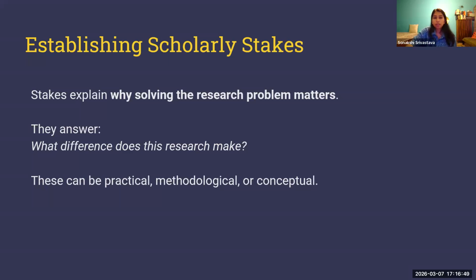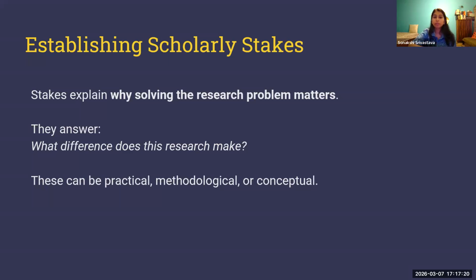So what does a scholarly stake answer? What difference does this research make? And these can be practical, methodological, or conceptual stakes. Again, these can be tied back to the previous gaps. Once you have identified those gaps, you know that whatever you will be researching will be through those gaps and will emphasize stakes through those parameters, right?